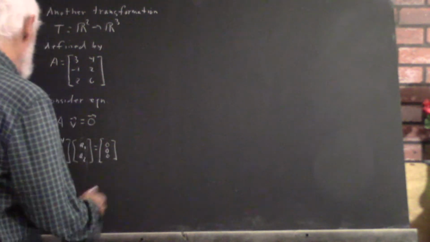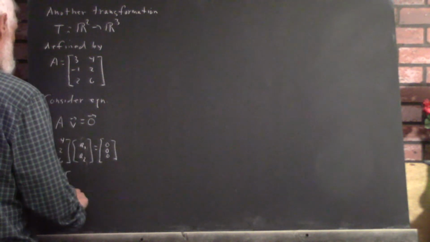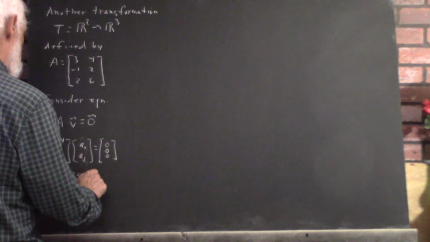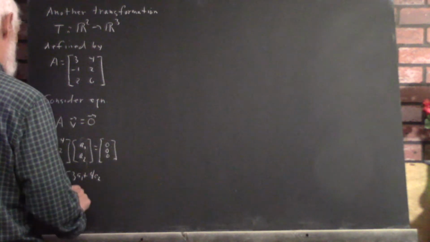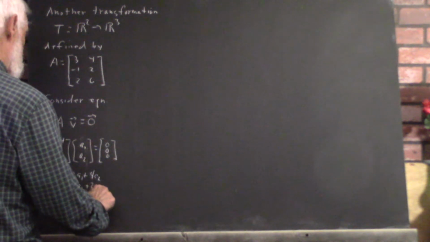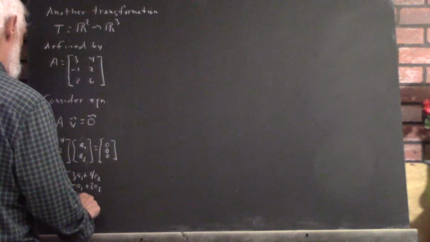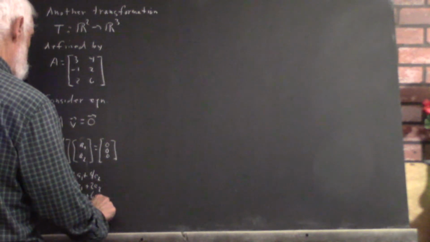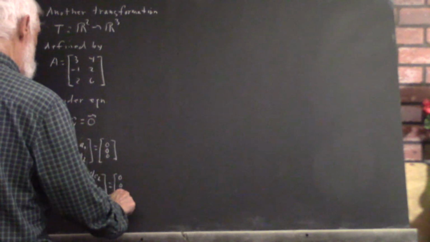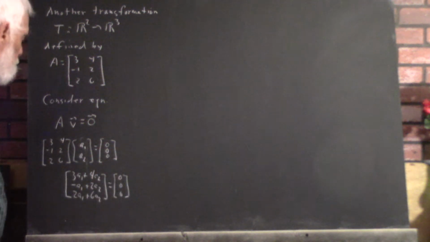Well, if we write this out, we see that multiplying the matrix by A1, A2 gives us 3A1 plus 4A2, negative A1 plus 2A2, 2A1 plus 6A2, and that equals 0, 0, 0.